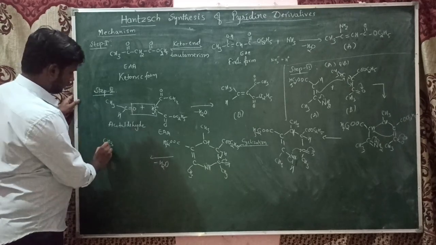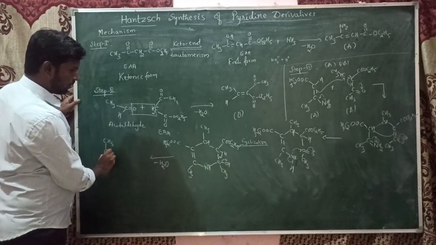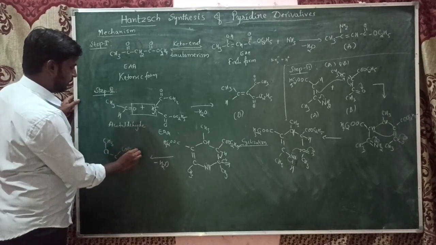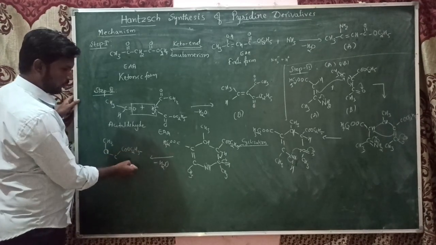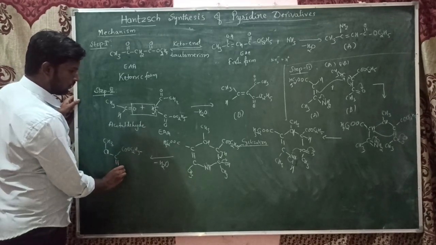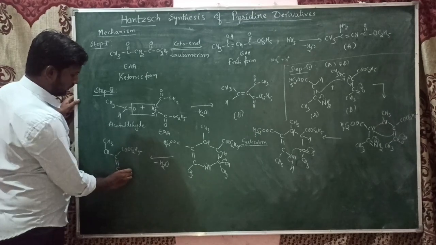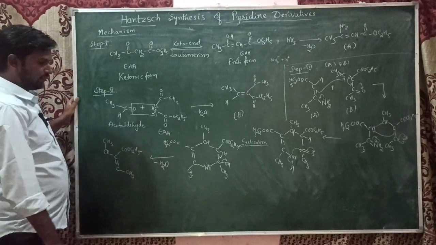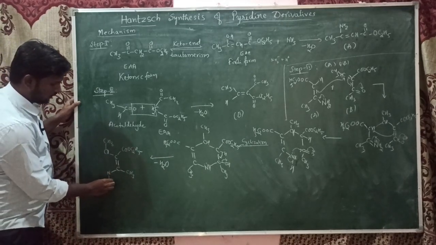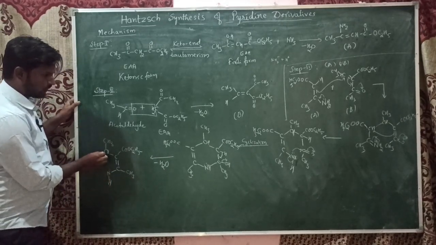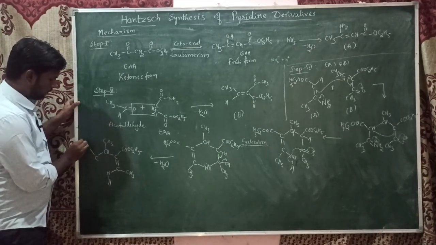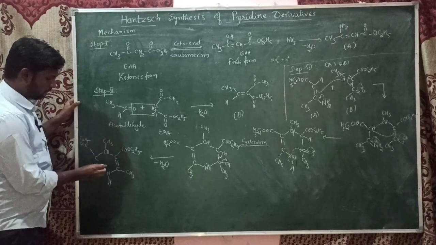CH3, CH, C, COOC2H5. This hydrogen has been removed, so see this becomes a double bond. Oxygen is also removed, only CH3 is retained, so it is a single bond NH. Okay, from here carbon, here also COOC2H5, an ester group.